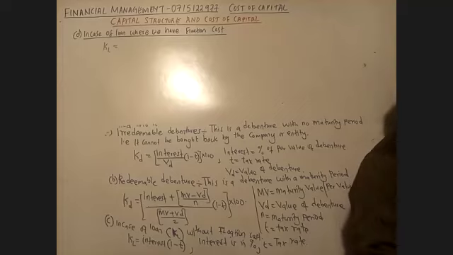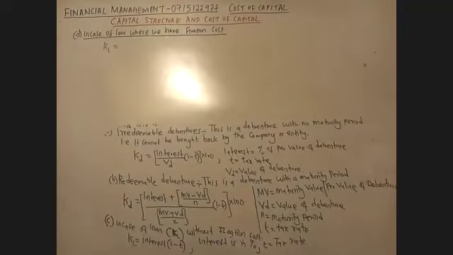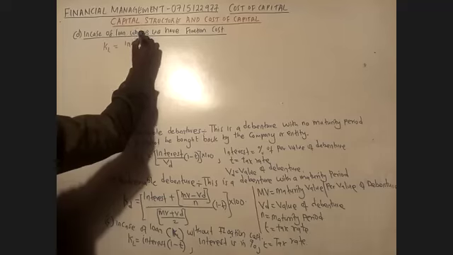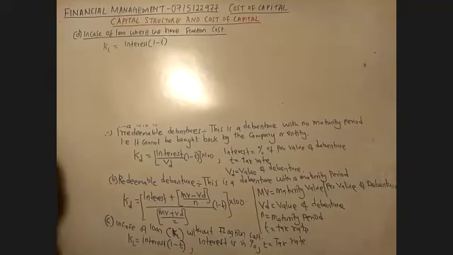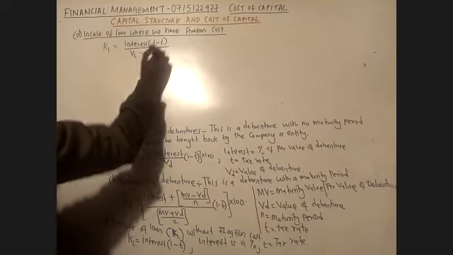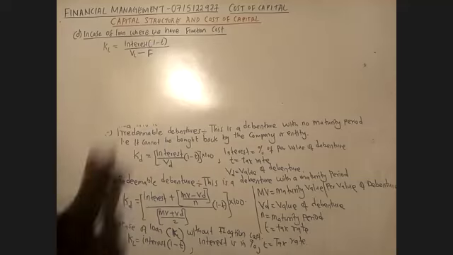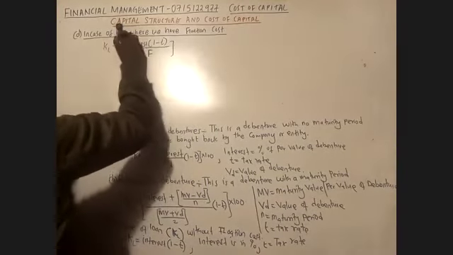The loan will be given as follows. KL will be equal to interest, 1 minus T, over VL minus F. Then you can multiply by 100 to get it in percentage.